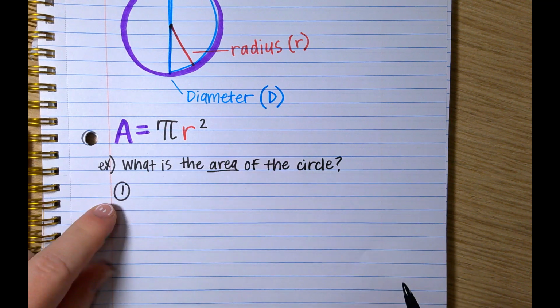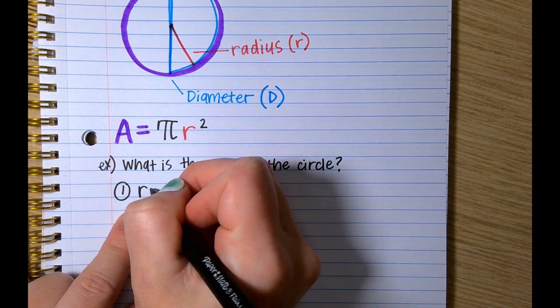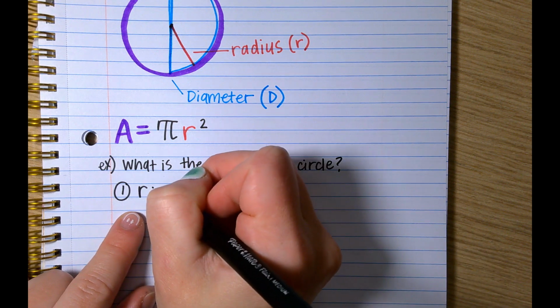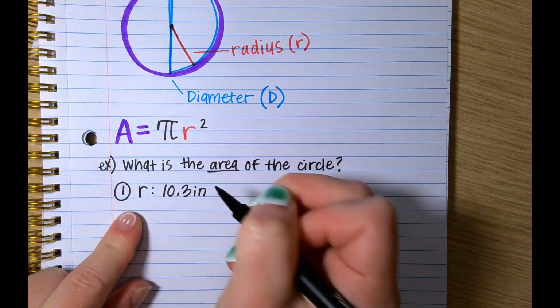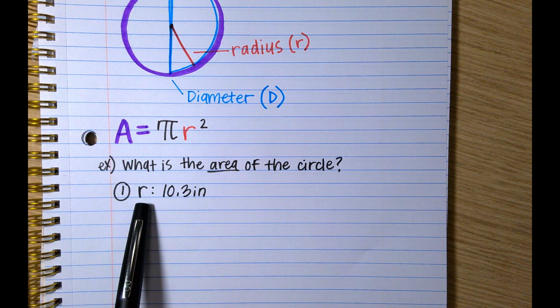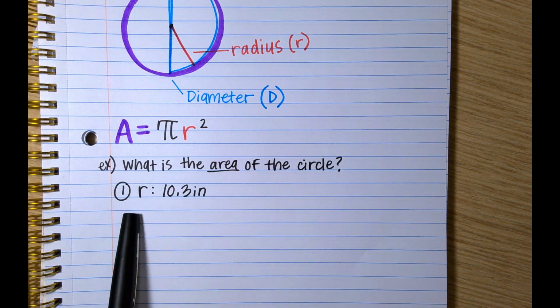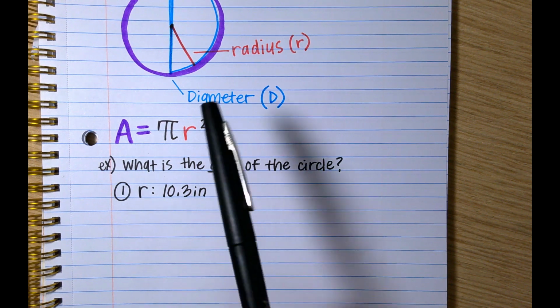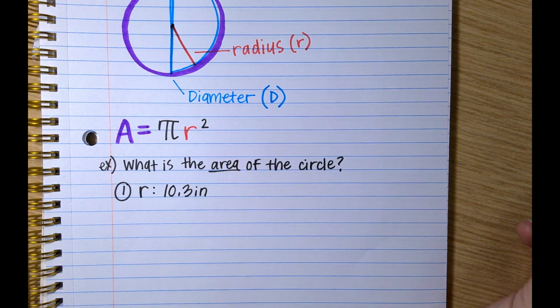And for the first one, I'm going to tell you that the circle has a radius of 10.3 inches. I've given you a radius. All we need is a radius. How could I use this radius to find the area with our formula? Does anybody have an idea?